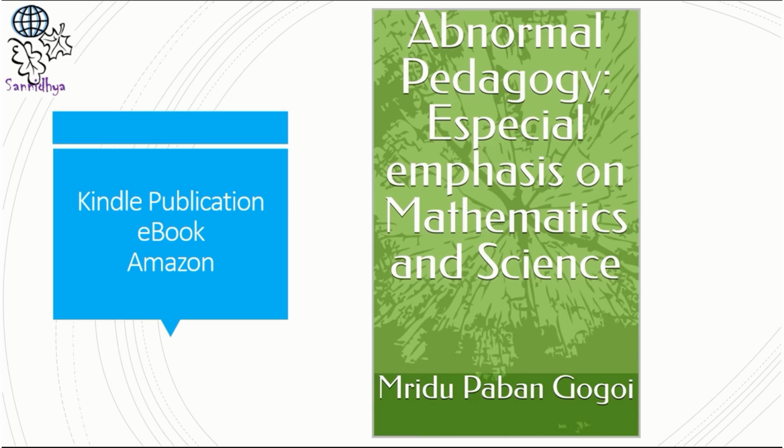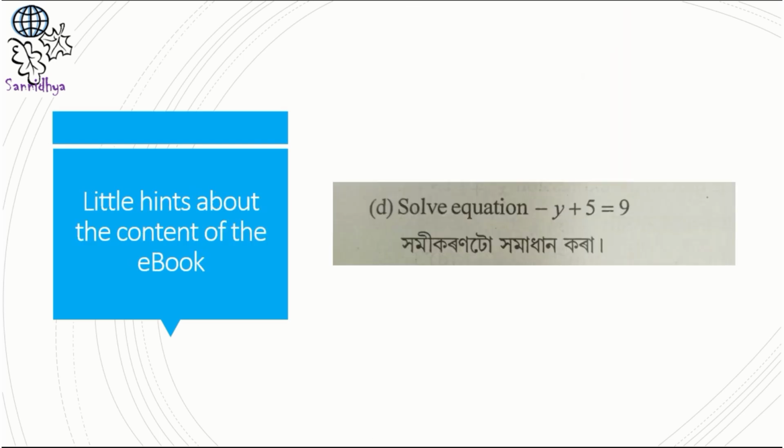Apart from that, those DTP operators can also read this book, because they have inputs in mathematics and science that give some scenarios. Those scenarios generate a lot of confusion. So I will give one example of what may be the content of this book. See, just a little hint about the content of this ebook.